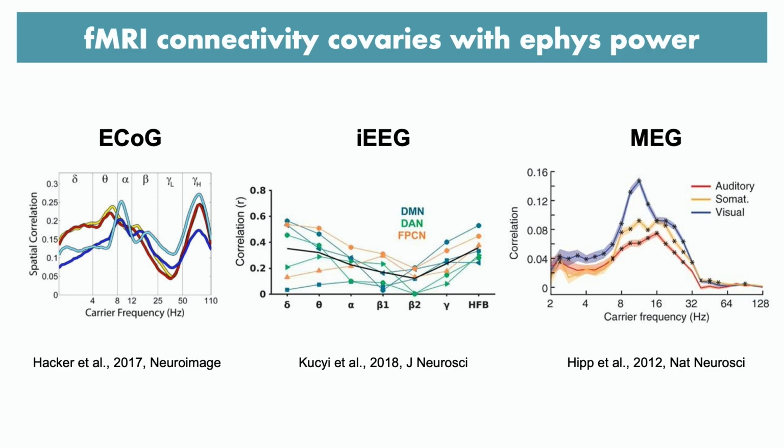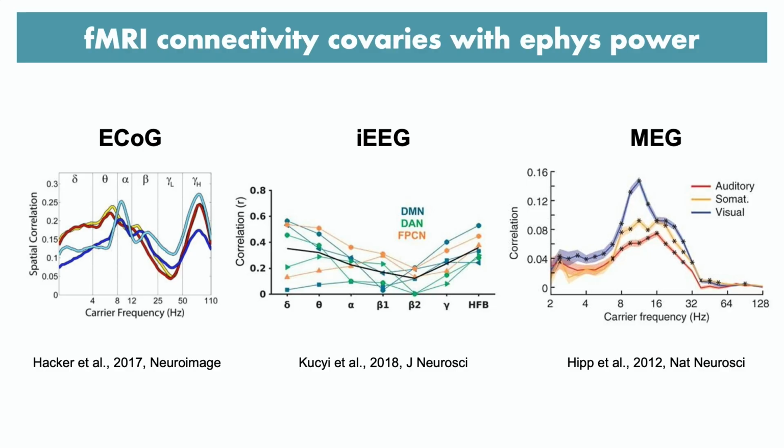I'm showing here just some examples from various modalities, ECoG, intracranial EEG, and MEG, which have tried to identify the power in each electrophysiological frequency band that co-varies best with the functional network mapping. You can see, at least from this subset, there's maybe a bit of overlap in the different frequency bands that these studies find, but there's not full consensus within the field.